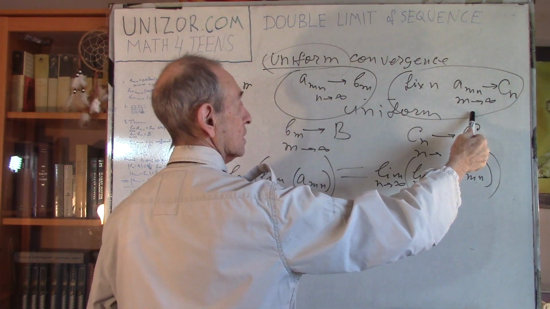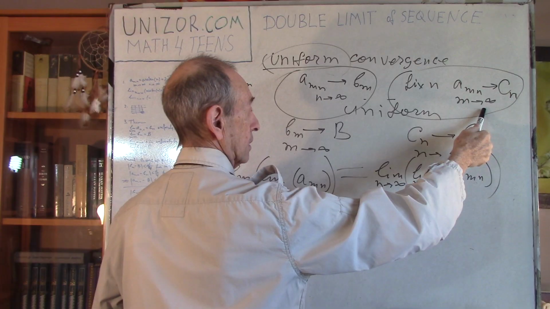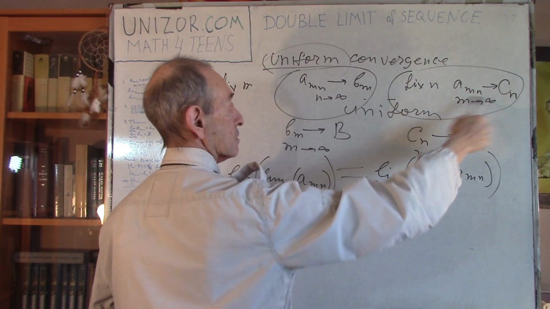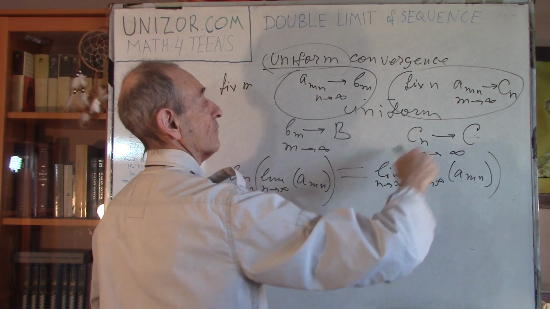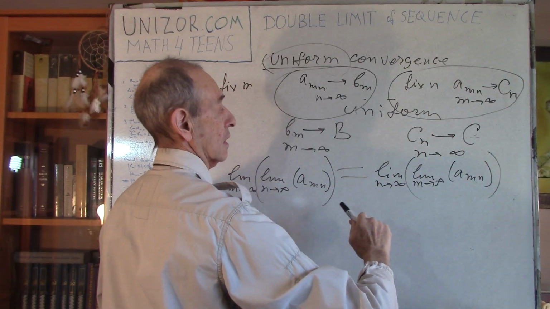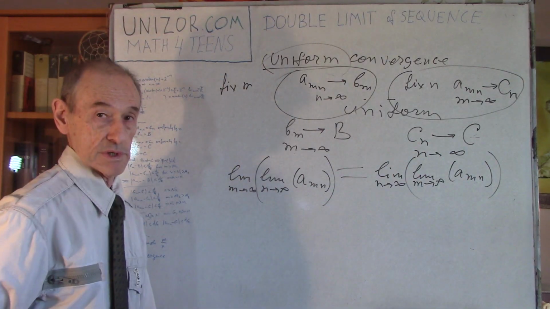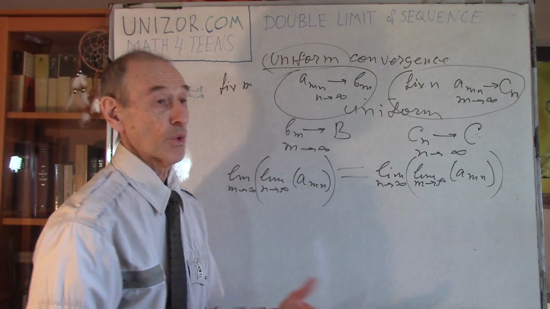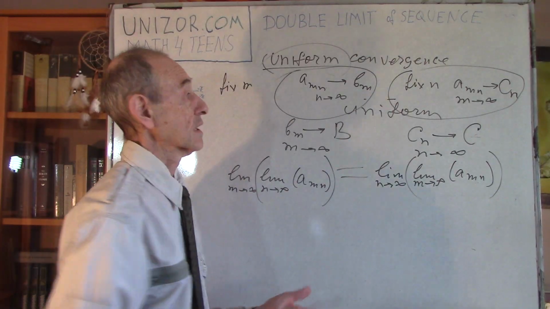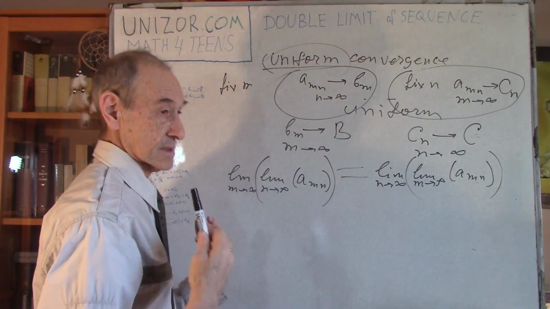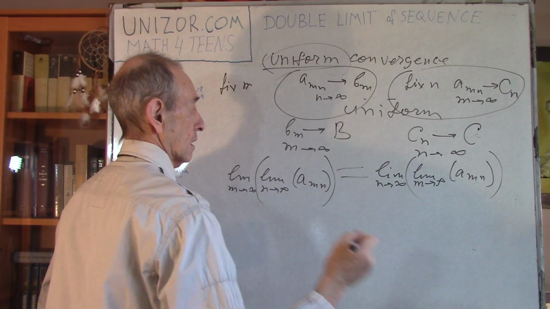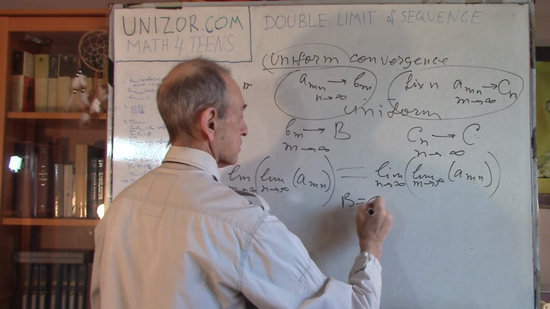If I go to the limit by another index, and it's also a uniform convergence, and then I do the limit of limits, then I will get exactly the same result. And then we can talk about basically the limit of the sequence, as it will be an existing b, which is supposed to be equal to c.